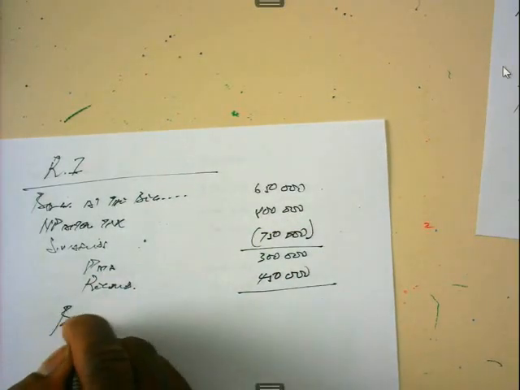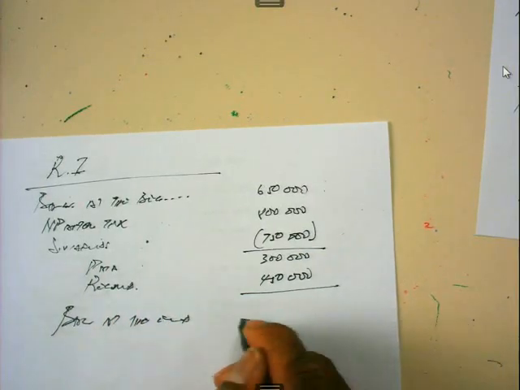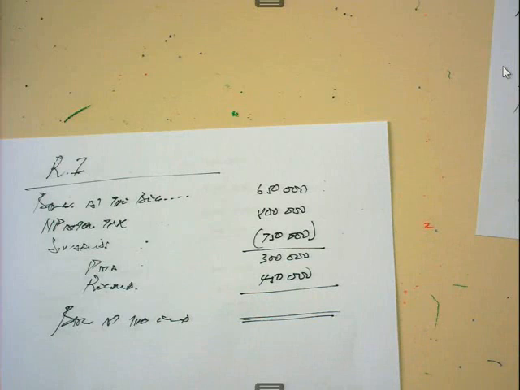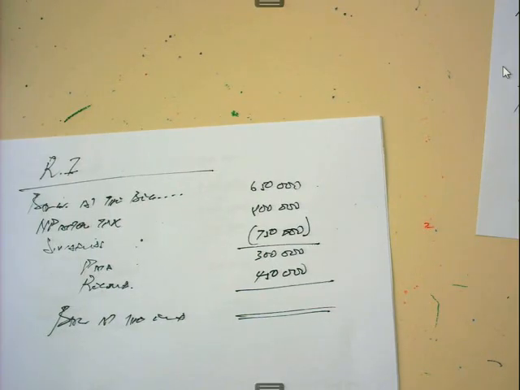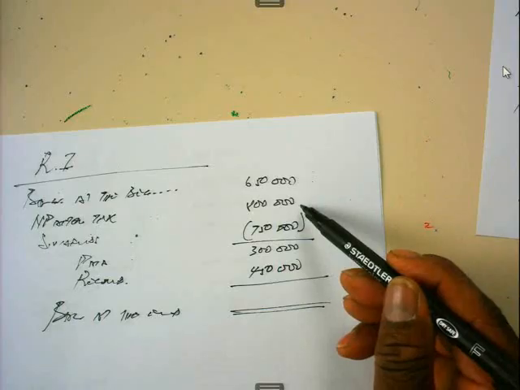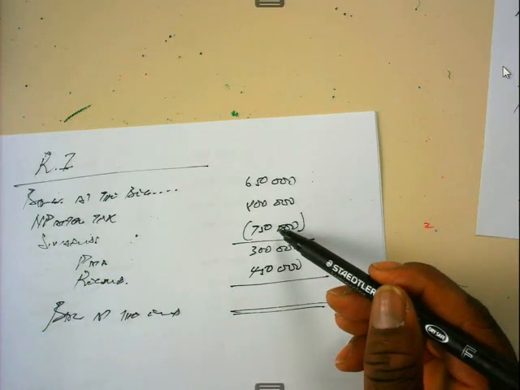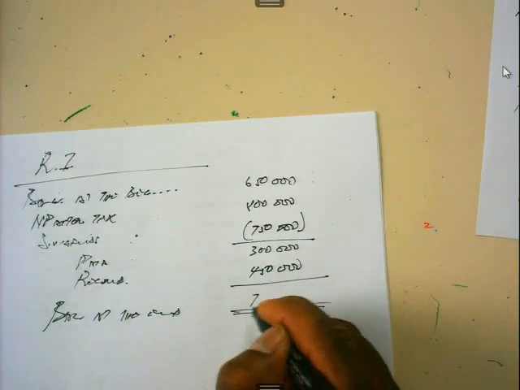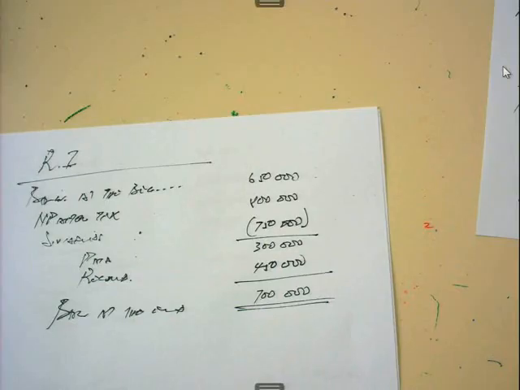Then you've got the balance at the end of the year, the balance of your retained income. That is the figure that we are missing, that we've got to work out and put in our balance sheet. So you've got 650,000 plus 800,000, that gives us 1,450,000, minus 750,000, that should give us 700,000 as your balance of the retained income at the end of the year.